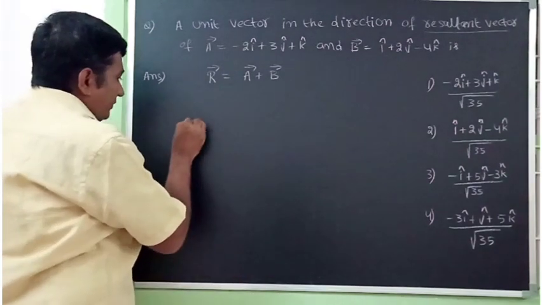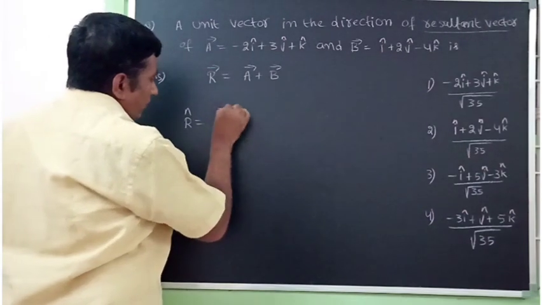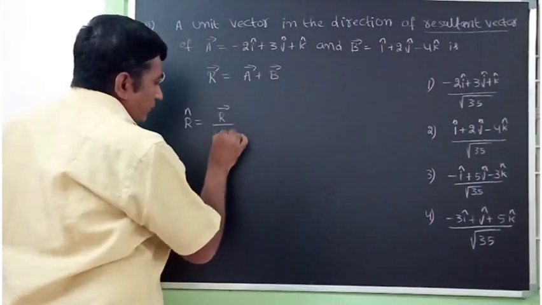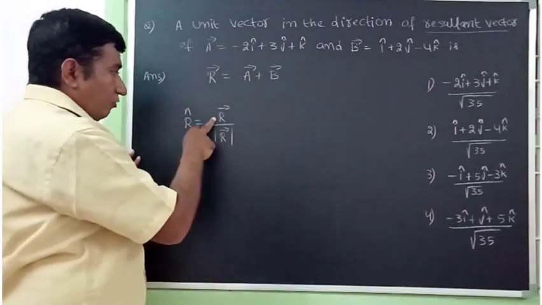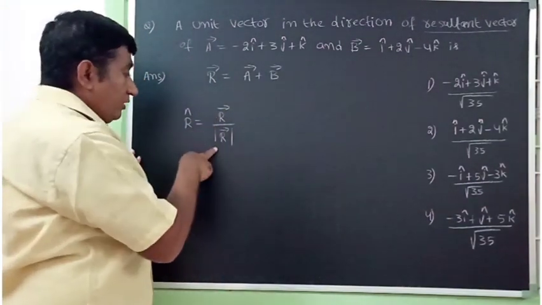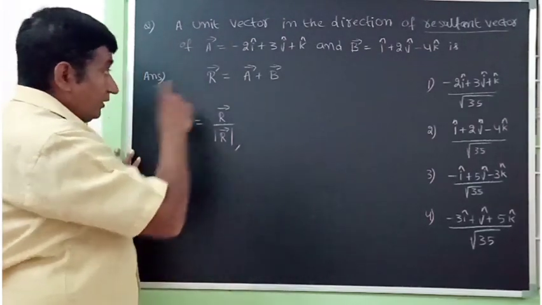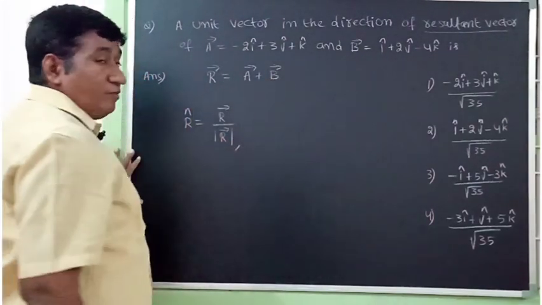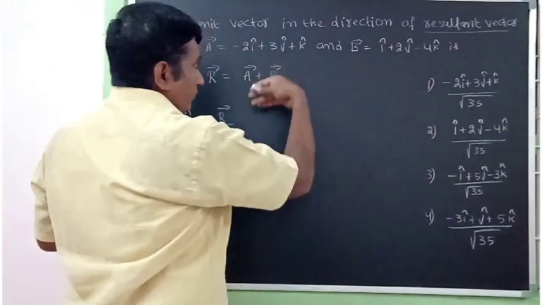So R cap is equal to R vector by modulus of R vector. That means first we have to find R vector, then the modulus of R vector. Here R vector is nothing but A vector plus B vector, which we can add in a simple manner.